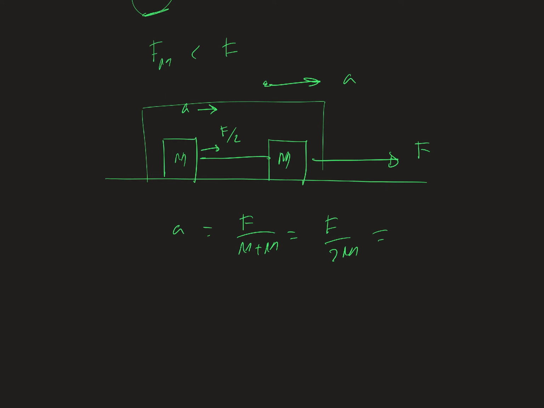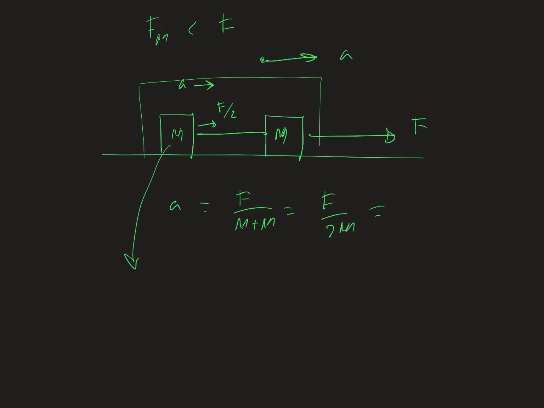Now this body, m, is moving with acceleration A equal to F divided by 2m. So the force acting on m is the mass of the object times the acceleration of the object.